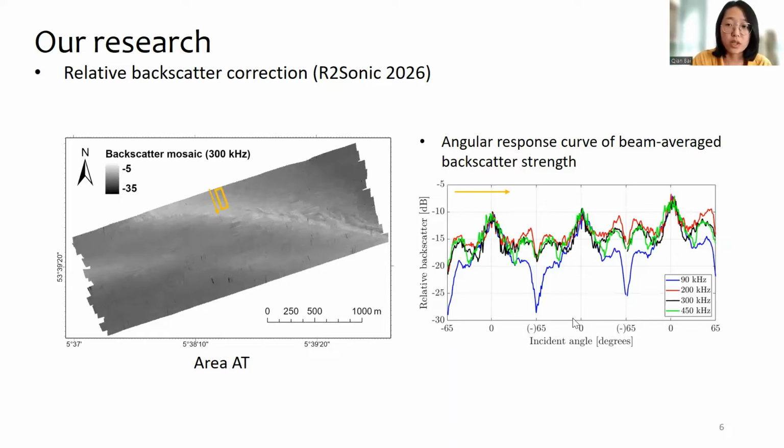So it's not really absolute calibration, but as you can see from this backscatter strength plot, across the track there is a nice alignment between these track lines, for each frequency. So we are still trusting this data and doing seafloor characterization using this relative backscatter data.